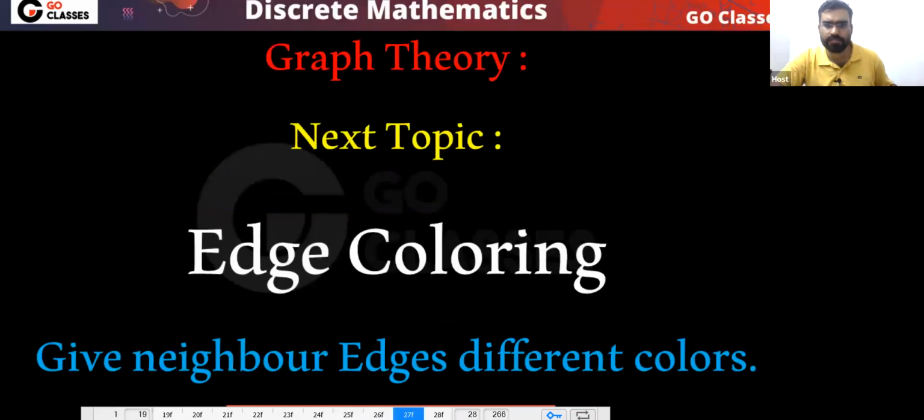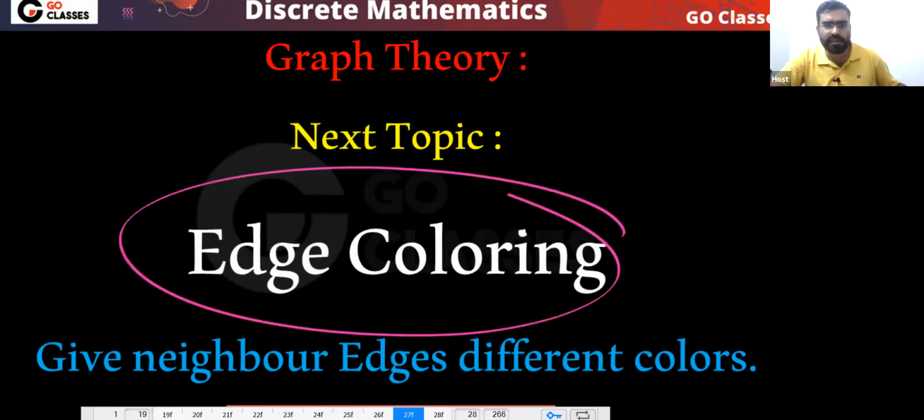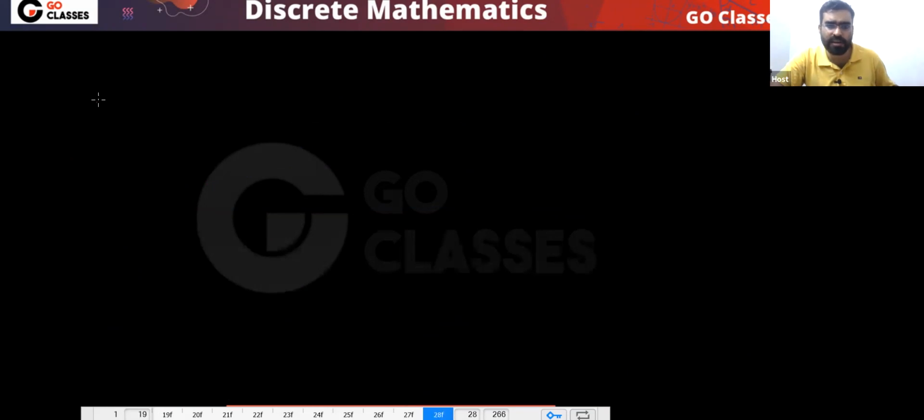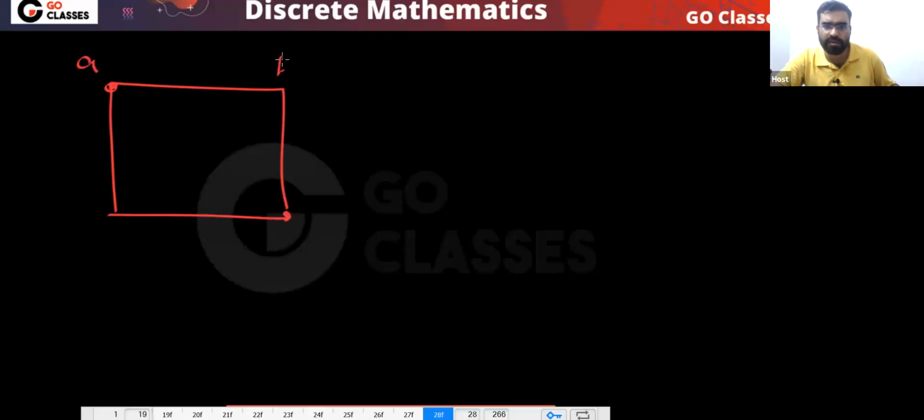Let's move on now. So next is edge coloring. What is edge coloring? Very simple. Give the neighbor edges different colors. The same concept: neighbor edges must get different colors. For example, let's assume this is your graph, with edges E1, E2, E3, E4.